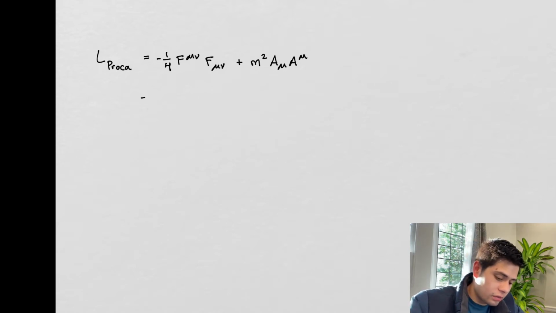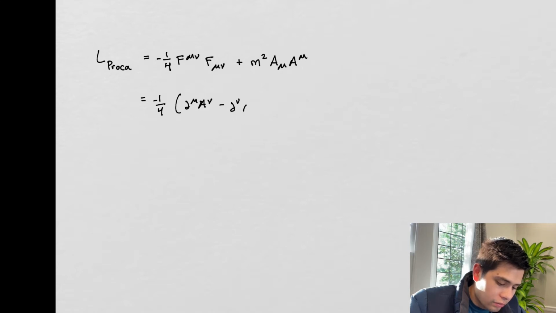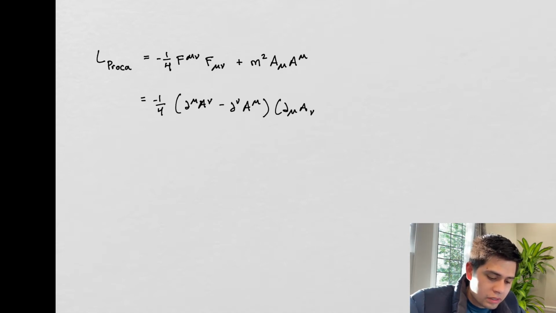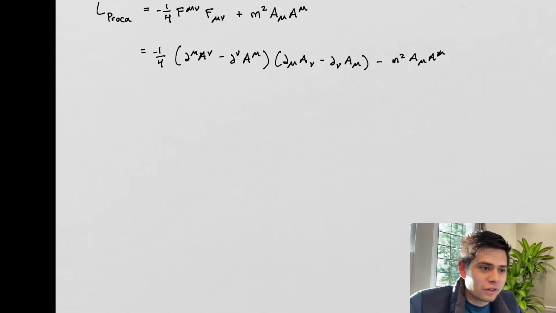The F mu nu is just, again, minus 1/4 (d mu A nu minus d nu A mu), and then we have (d mu A nu minus d nu A mu), and then we have our plus M squared A mu A mu. Okay? So far, so good.